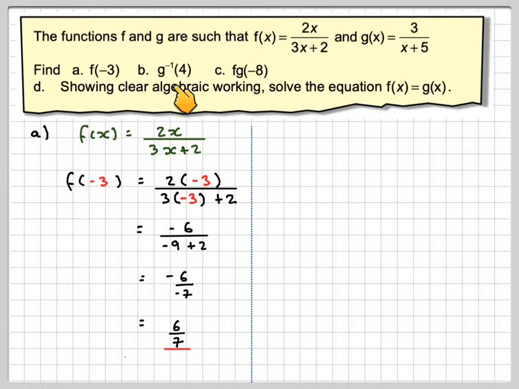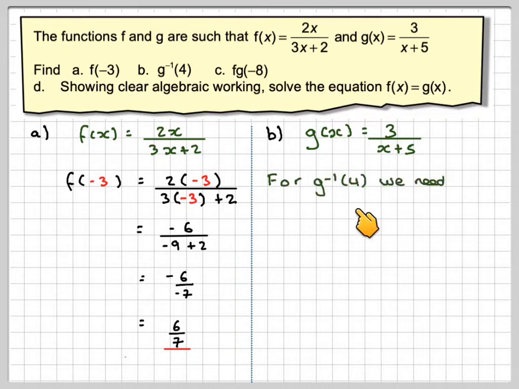Right, now we need to find g to the minus 1 of 4. Now we could find the inverse function, but if g of x is 3 over x plus 5, and we want g to the minus 1 of 4, then we need to solve 3 over x plus 5 is equal to 4.